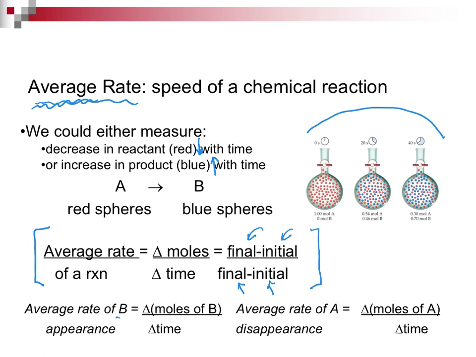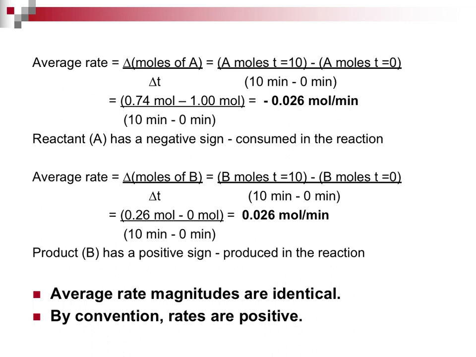So we can have B start to appear or A begin to disappear. Those are the equations. Here's some actual numbers. I went into the table and pulled the numbers out. If I want to look at the average rate of the decrease of A, what I would do is I would say, this is my final amount of A, this is my initial amount of A, and the time period is 10 minutes.